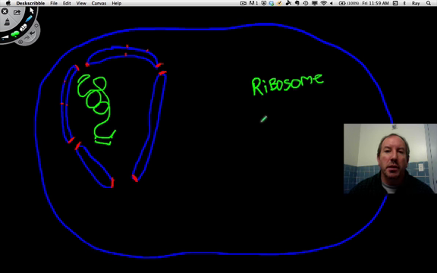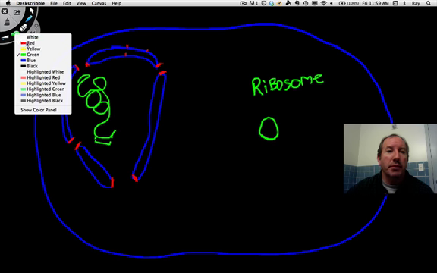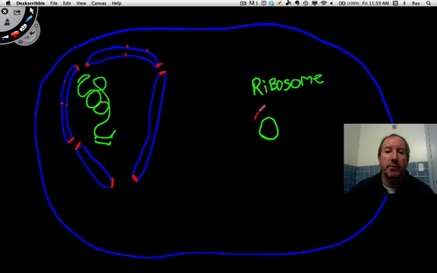But the thing about a ribosome is that a ribosome itself is made up of protein. It's a large protein, and it's actually wrapped by RNA. So it's sort of like cardboard wrapped by string.